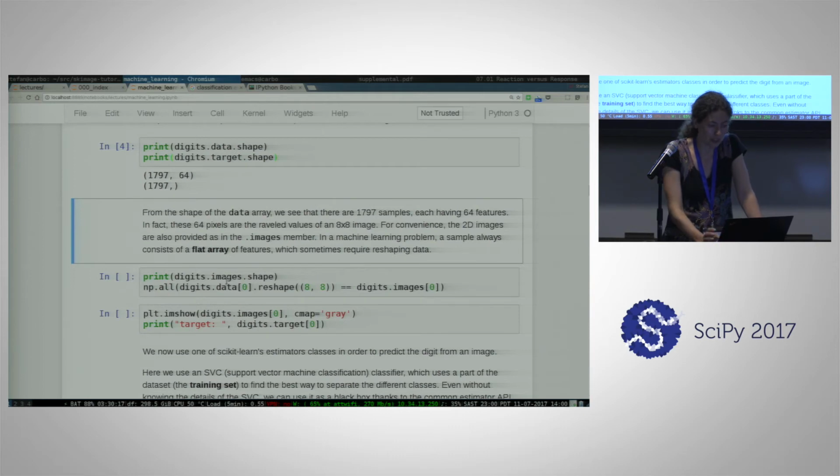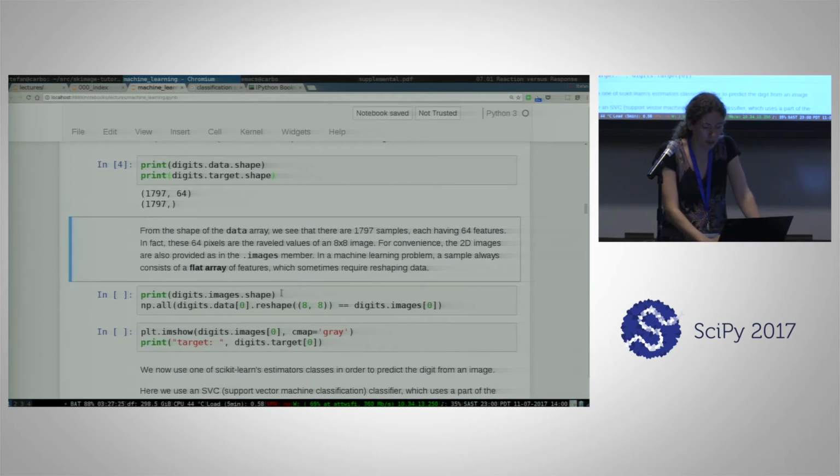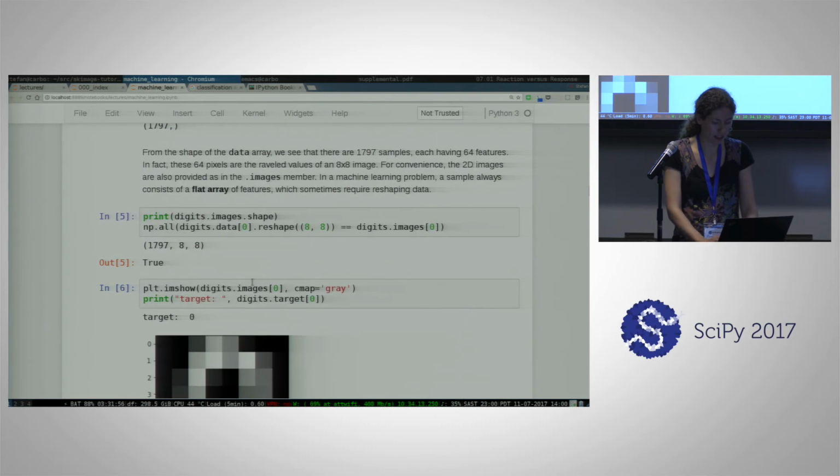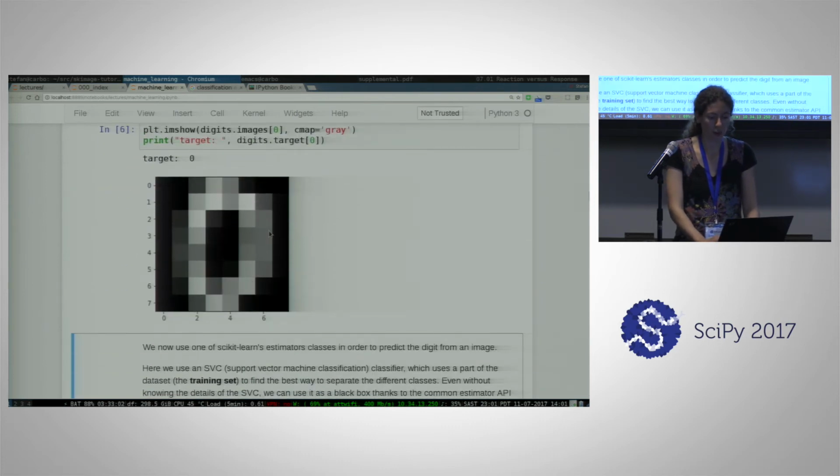So what are these data? It's not completely obvious. The best way is to represent them. So for example, we take the first sample, data 0, and it's actually an 8x8 image. So we will just display this image. Okay, so you see that it's actually a very low resolution image of the number 0.